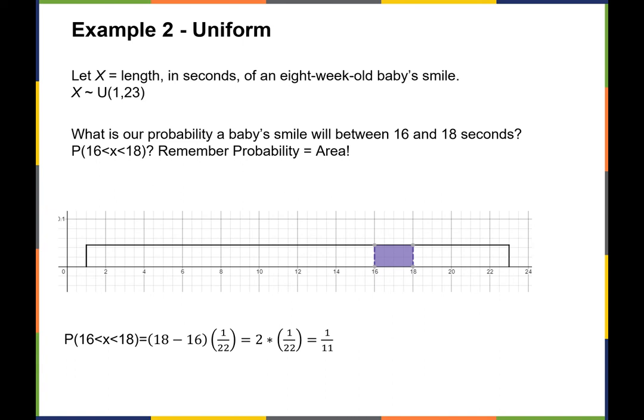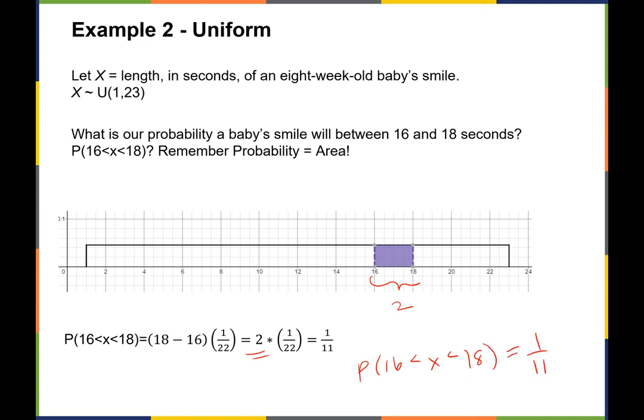Well, again, that's just a rectangle, right? So the base of this rectangle is 18 minus 16, that's 2. The height of the rectangle is 1/22, because remember that was our probability density function. 2 times 1/22 is 1 chance in 11. So the probability that the smile is between 16 and 18 seconds equals 1 chance in 11.